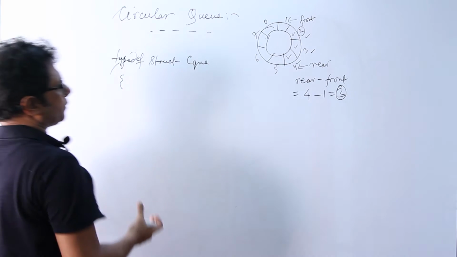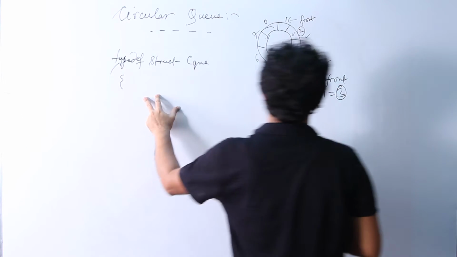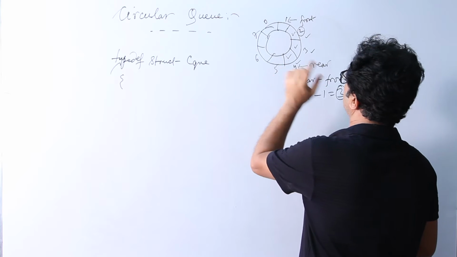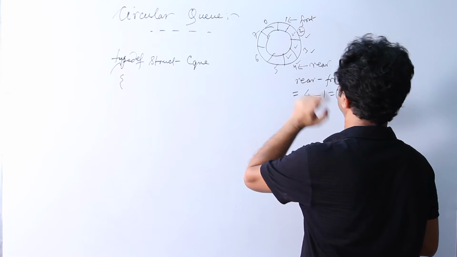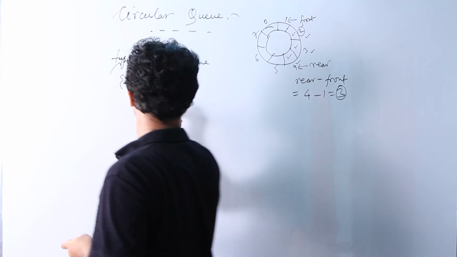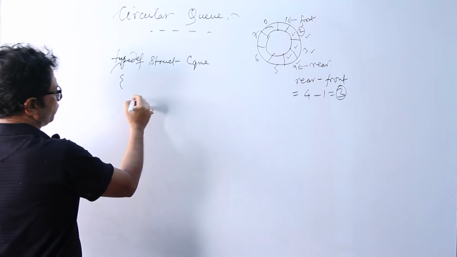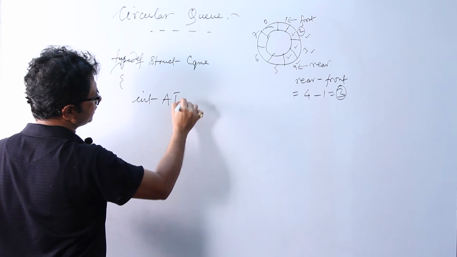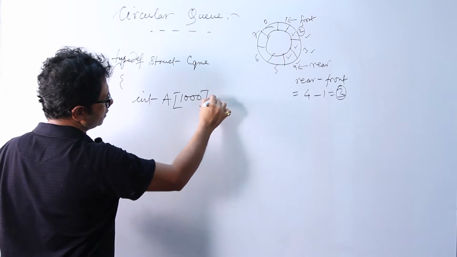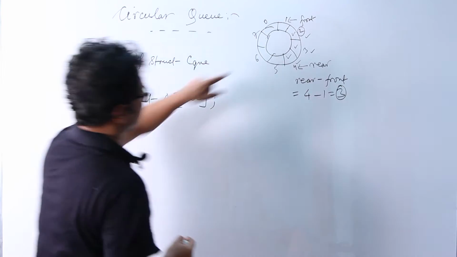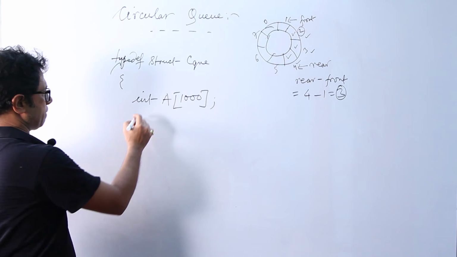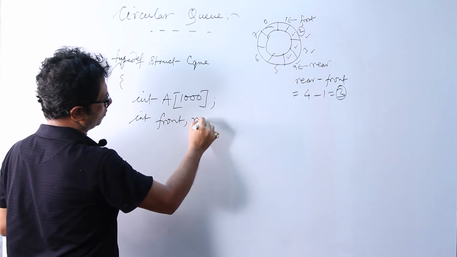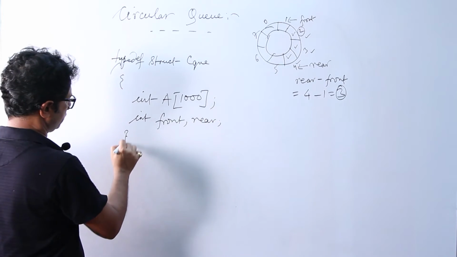There will be one data part, an array, and two integers associated with it. Suppose the array is int a[1000], and I will take int front, rear.